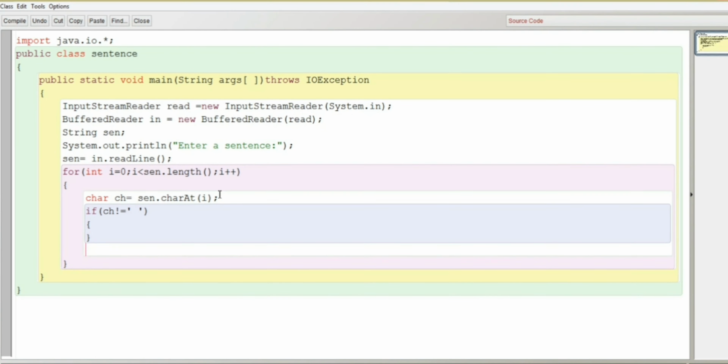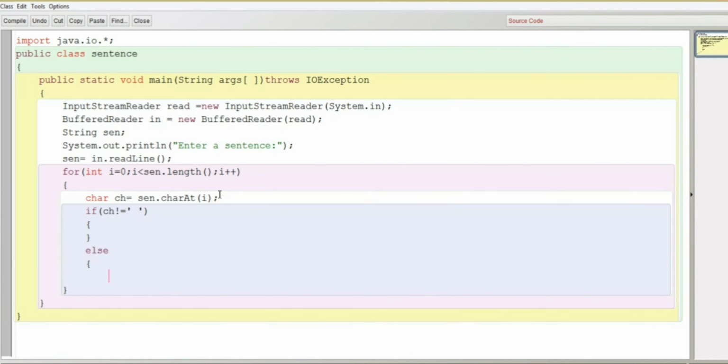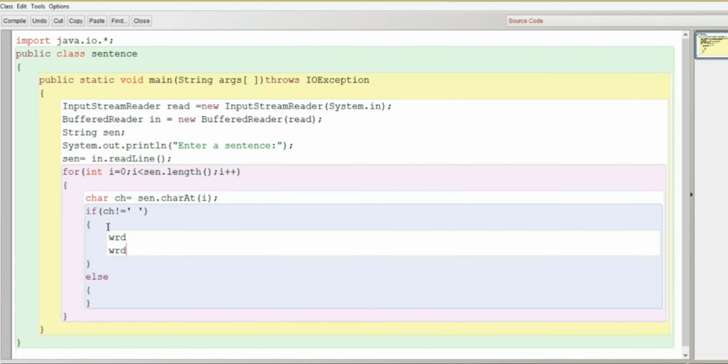And what I am doing right now is checking whether that character is not equal to space, because if we are accepting a sentence, we get words, and in between the words we have spaces. The same way, I'm checking whether the character I pick is a space or not.